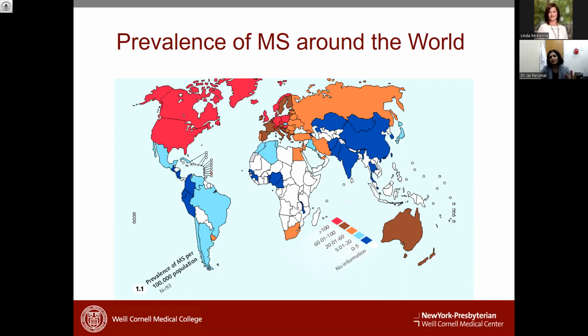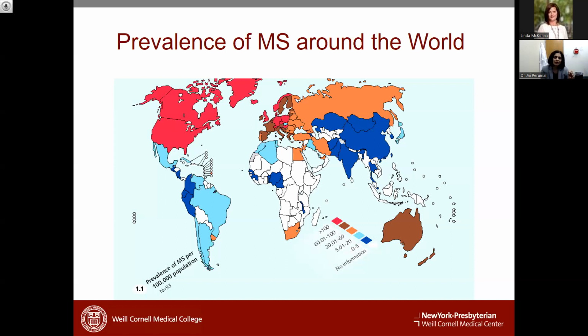So if you look at the risk of somebody having MS, it looks like where they grew up the first 14 years of their life, that seems to make a difference. So that shows us that, in terms of incidence, it's not just genetics. Environmental factors play a role, and especially environmental factors early in life. So let's say somebody grew up in Africa and migrated to the US at age 30.